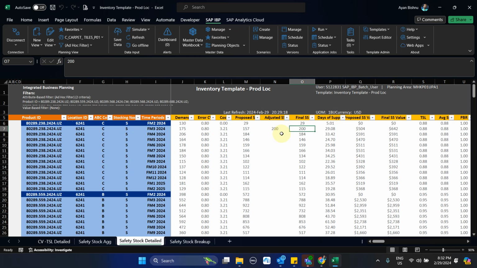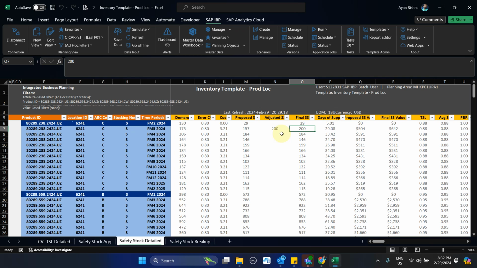The only exception to this rule is if I have a big lot size. In that case, the recommended safety stock will be low, because one lot size is going to generate safety stock for a very long period of time.